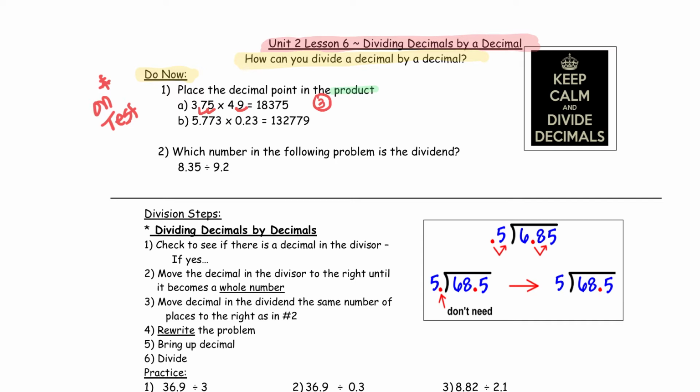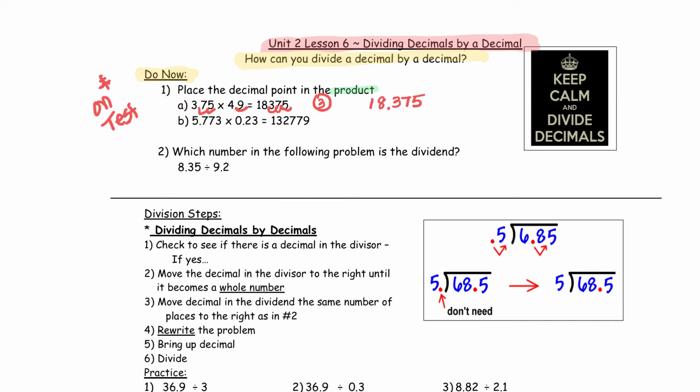Remember that factors are numbers that you multiply together. So if there's 3 places to the right, we start all the way at the right and we count back the opposite way. 1, 2, 3. So that would make our final answer 18 375/1000. If you put that in your calculator, that would be the answer.